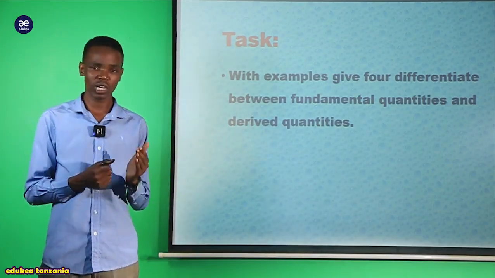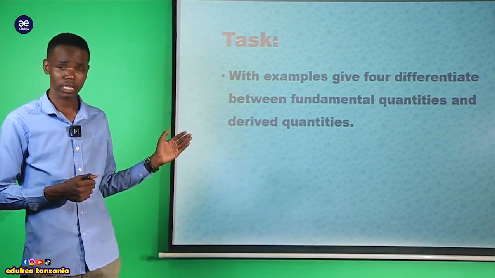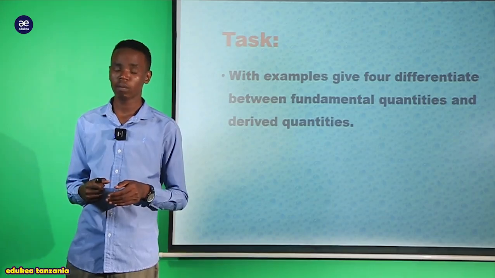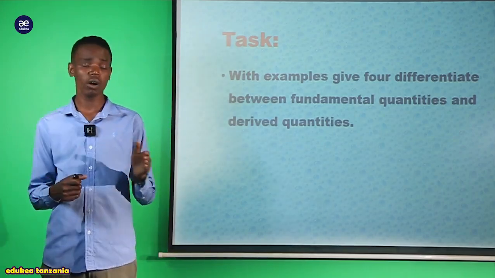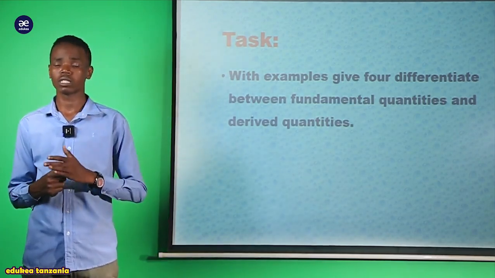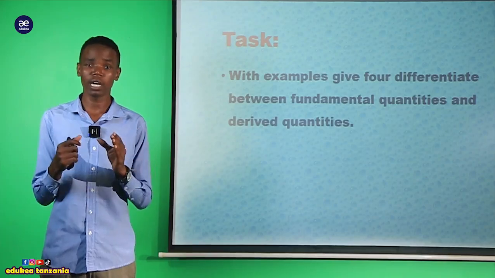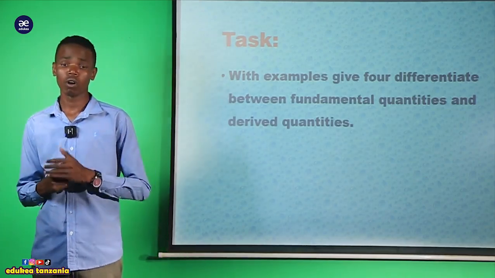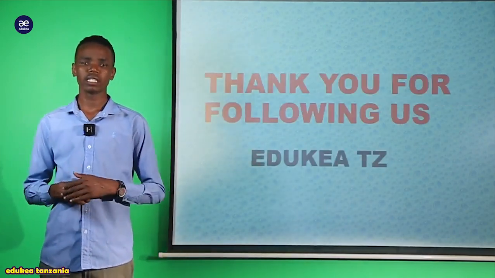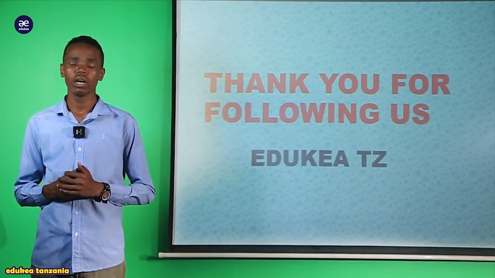You have to try to answer this question, my dear student, because you can't know how this question can appear, either in your final examination, in the examination at your school, or in the mock examinations.